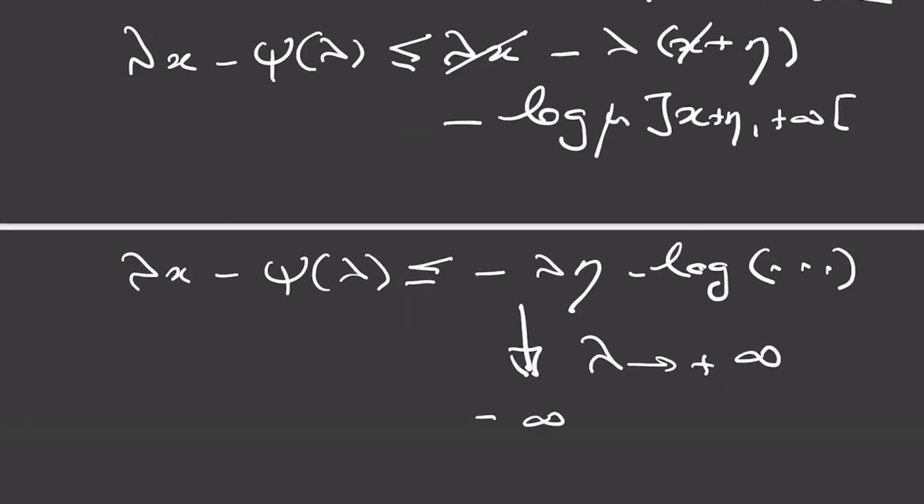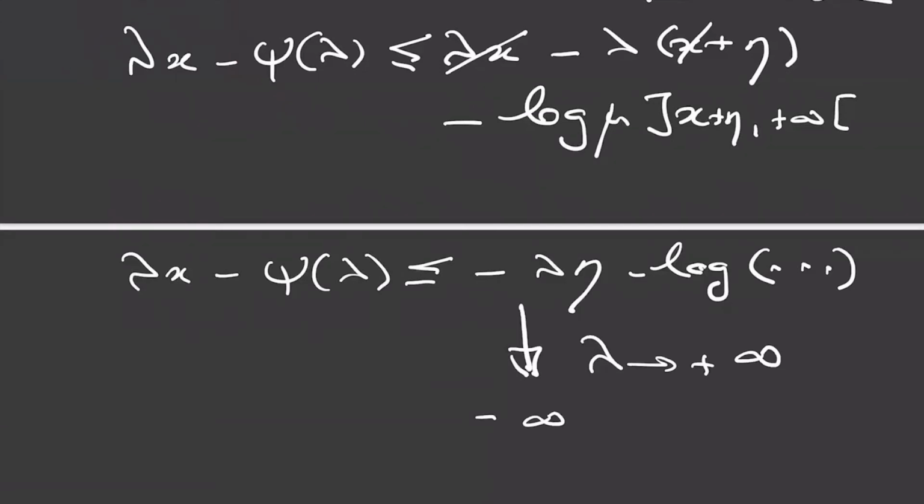And so what is happening here? Of course, the function lambda x minus psi of lambda is perfectly continuous. It is even infinitely differentiable, since we know that the support of the measure is compact. We have no problem considering this function for any value of lambda, it is regular.